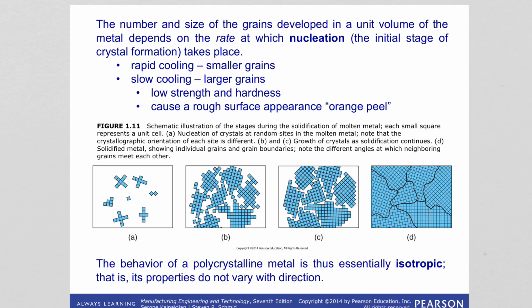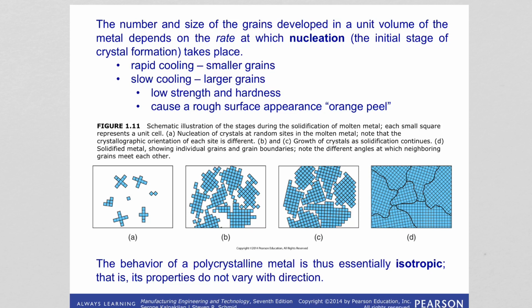Whenever a material has large grains, that will also cause a rough surface appearance, and it is called orange peel. This is observed especially during the stretching of sheet metals.